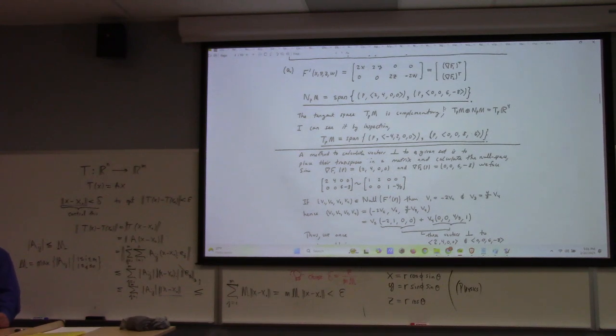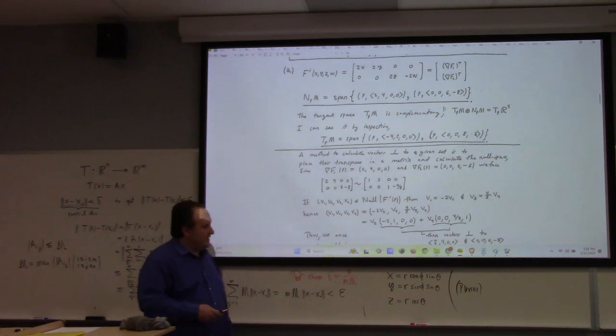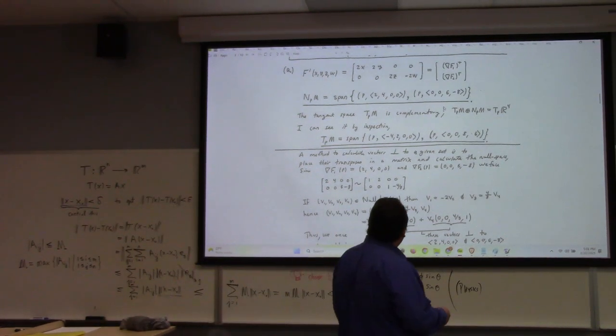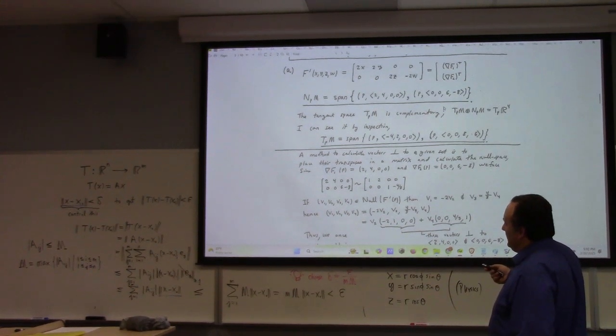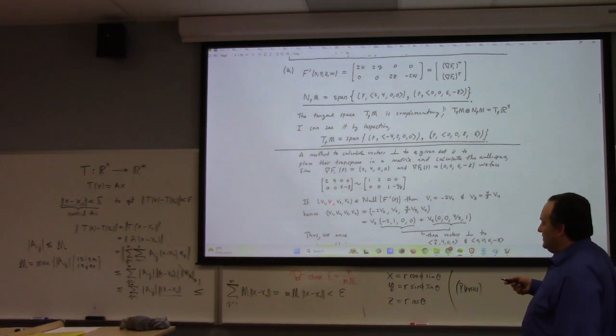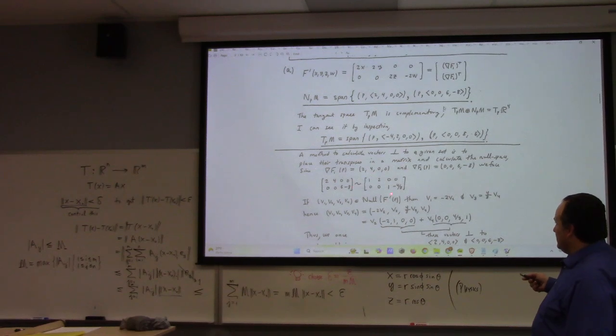So like here, by inspection. I did try to take some time to make a little video about how to calculate the null space. That's important, right? Because if I want to find the vectors which are perpendicular to 2, 4, 0, 0 and 0, 0, 6, minus 8, I do row reduction on this, I get to that, and once I've found that, if I have v1, v2, v3, v4 in the null space of this matrix, then I can read off that v1 is equal to minus 2 v2, and v3 is equal to 4/3 v4.